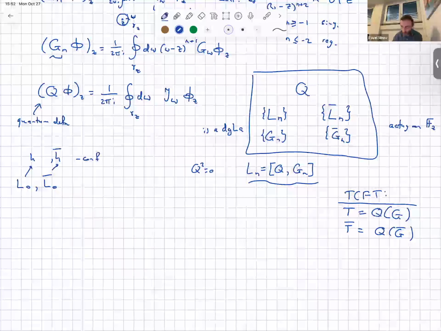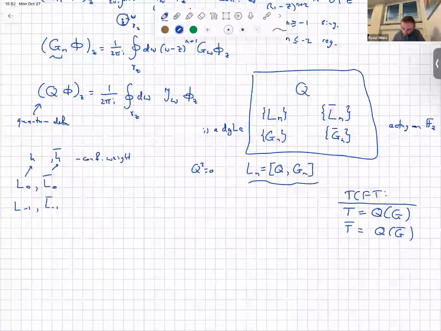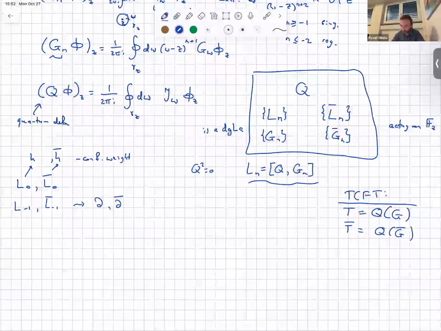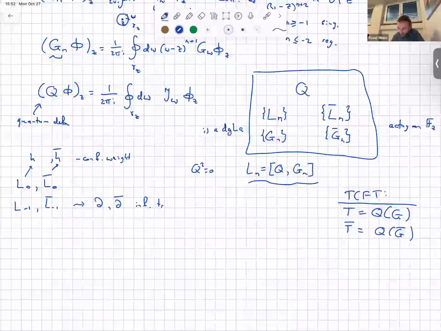Conformal weights are the eigenvalues of L0 and L0 bar. So these are the scaling operators. L-1 and L-1 bar are also important operators, and they correspond to infinitesimal translations. They act as del and del bar on fields, so infinitesimal holomorphic and anti-holomorphic translations.